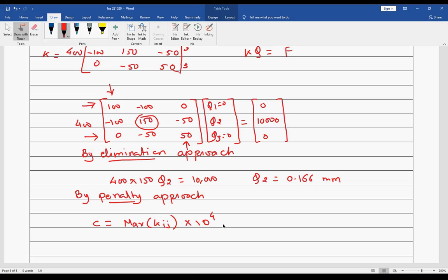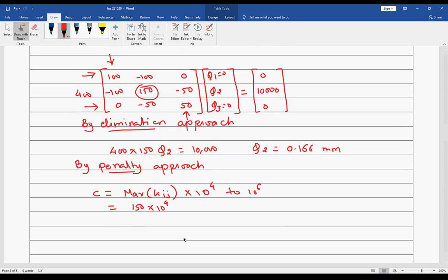You can use 10 to the power 2, 10 to the power 6, anything. 10 to the power 5 will give you higher accuracy, and 10 to the power 6 is very difficult to do with manual calculation. The easiest and most convenient way is 10 to the power 4. So max Kij is 150. So 150 into 10 to the power 4.